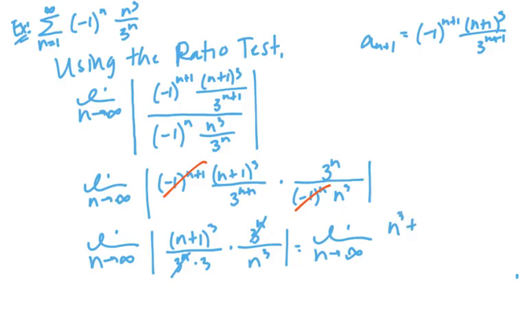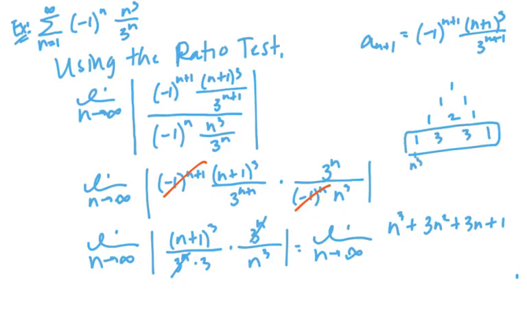So we have n to the third plus 3n squared plus 3n plus 1. Remember Pascal's triangle? These are your coefficients. You start off with a 1, and you have n to the third and no 1. Here you have n squared and you have 1. And you have n and 1 squared, and you have no n and 1 to the third. I like Pascal's triangle. I use it regularly in this area.